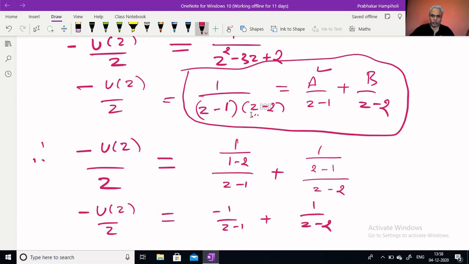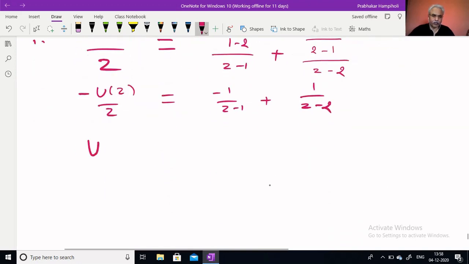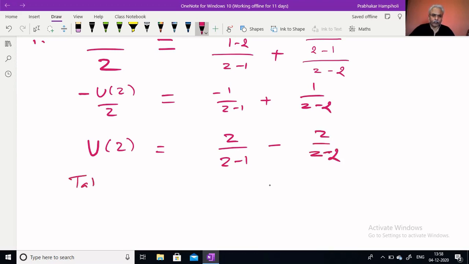But if you cancel this minus, and take z to this side, simply u of z, if you retain it on the left hand side, we are left with the first term as positive and the second term as negative. This is the perfect shape for inverse transform. Our final aim is to find what is un. So first we transform to u of z and take the inverse transform.